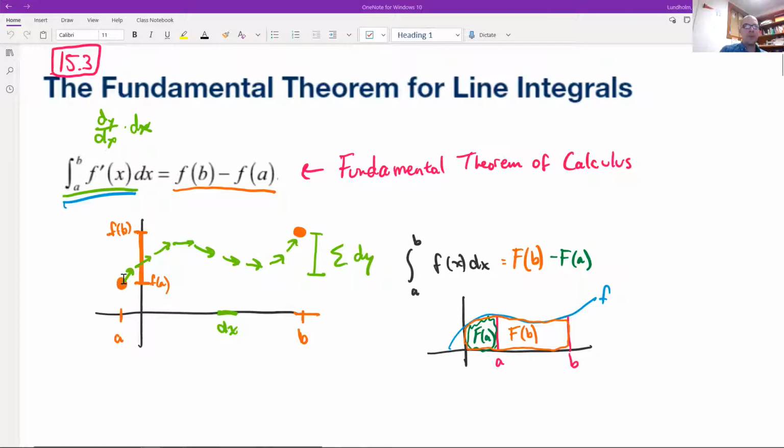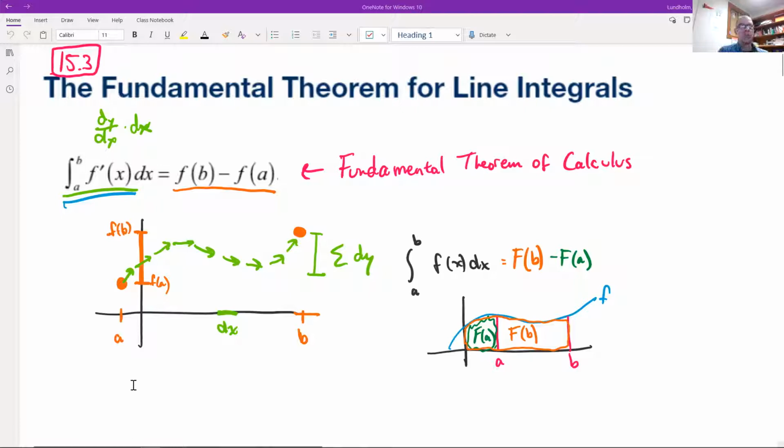Every time, you're going to add on a little bit of y values, and that adding will change as the slope changes, but you're adding a bunch of slopes, and if you take the sum of all of these slopes, you hope that in the end you get the same answer. You've basically summed up all of the changes of the y values to get from this point to this one.